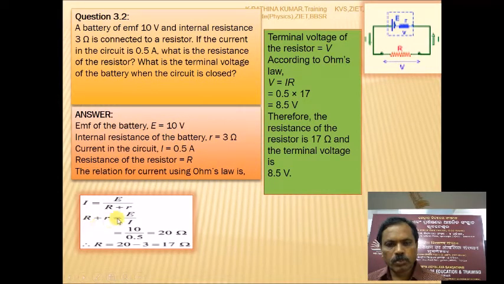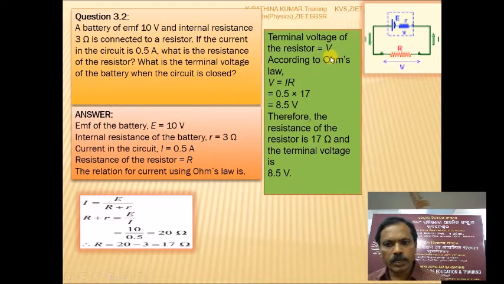Then R plus r is equal to E by I, that is EMF divided by the current. Substitute the values and you can find the value of the external resistance R. So 10 by 0.5 is equal to 20 ohm, then R is equal to 20 minus 3, which is equal to 17 ohm.